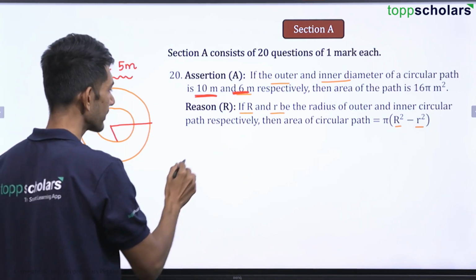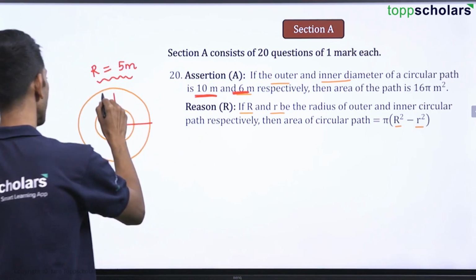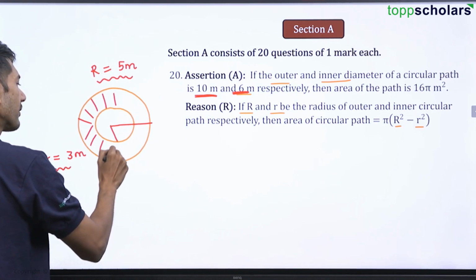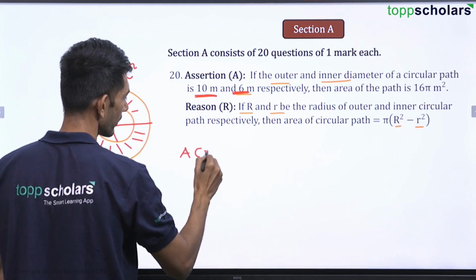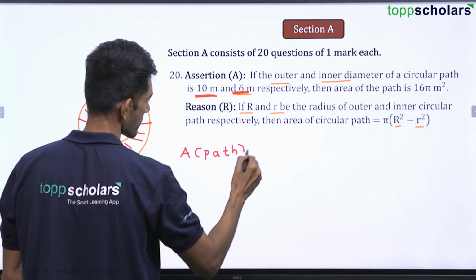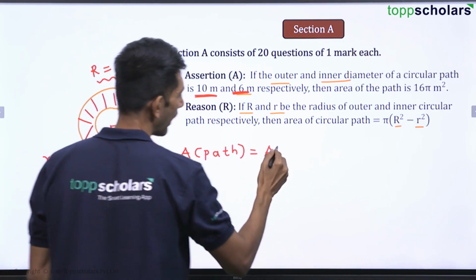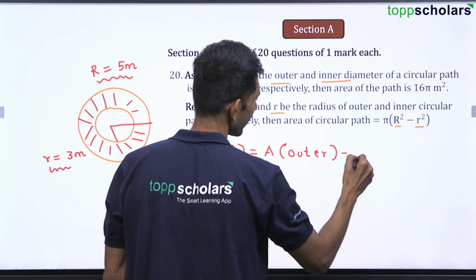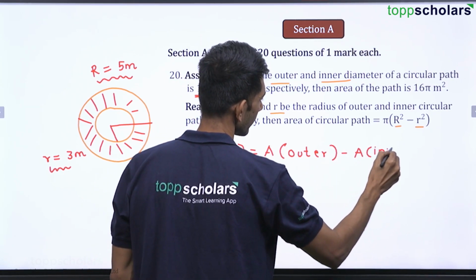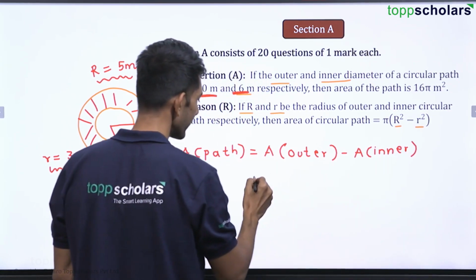Area of the circular path. Now can I say area of the circular path will be area of the outer circle minus area of the inner circle. What is the area of outer circle?